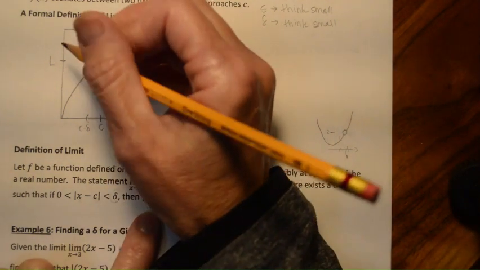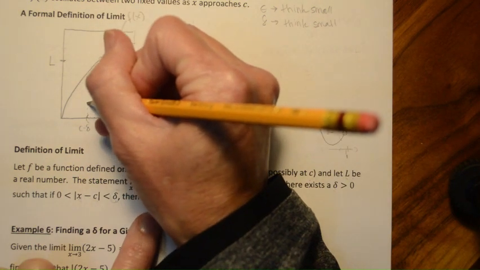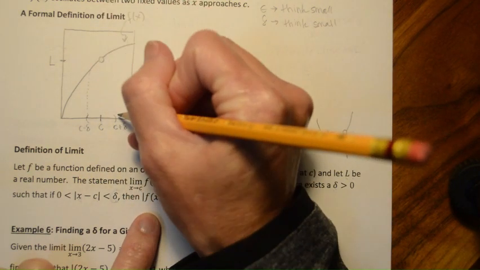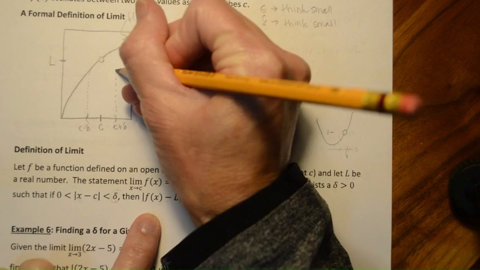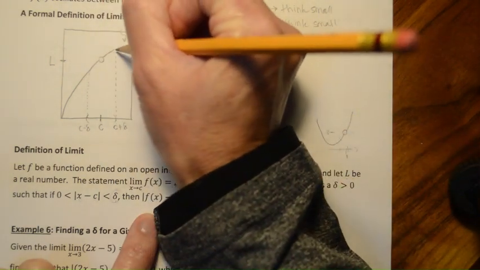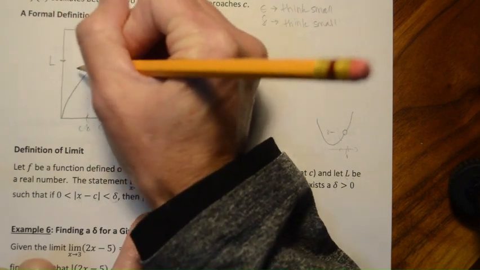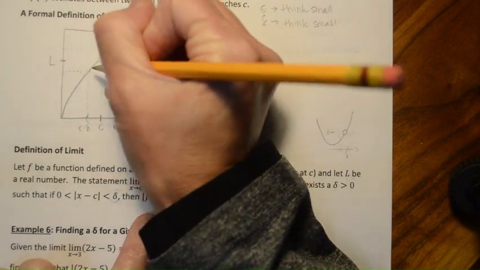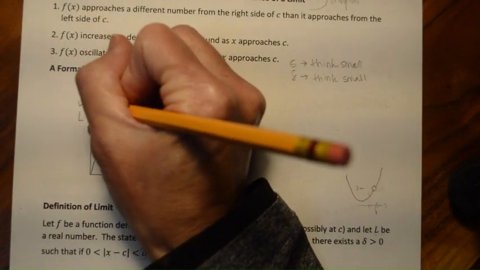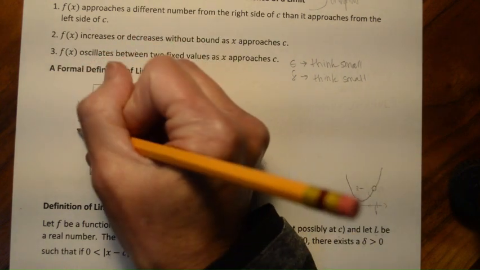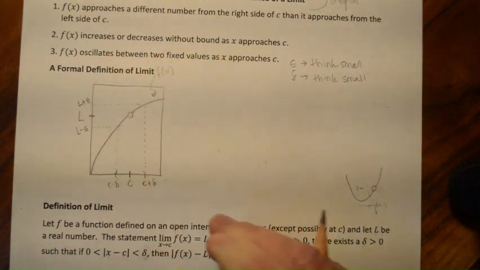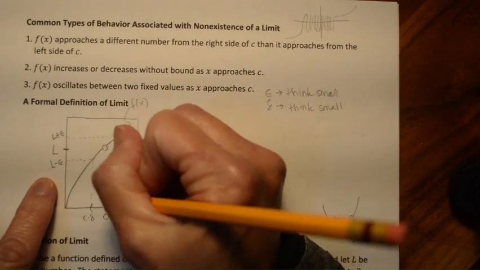I'm going to draw this little window right here and follow it up. What that means is that I must be within a little epsilon bubble around L, so I must be in this little window that is epsilon units away from L. Here's my c value.